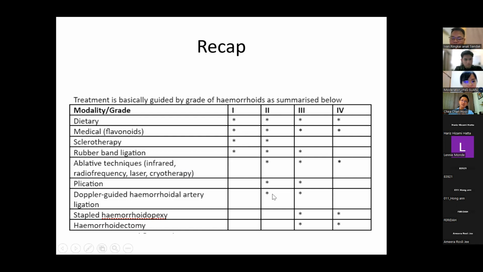So the grade 2 ones, yes. Okay. Grade 3 again, some of these more demanding ones we reserve for grade 3 and grade 4. But for medical students, I think you probably need to understand this, but you won't be really tested on this slide lah.